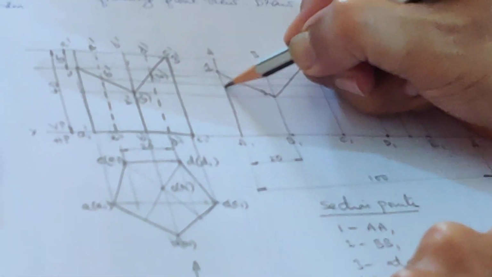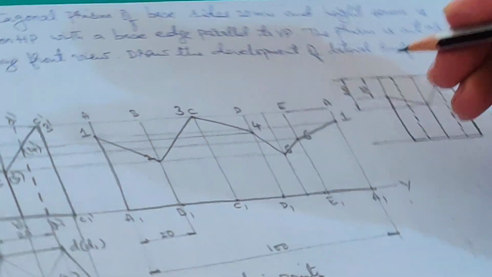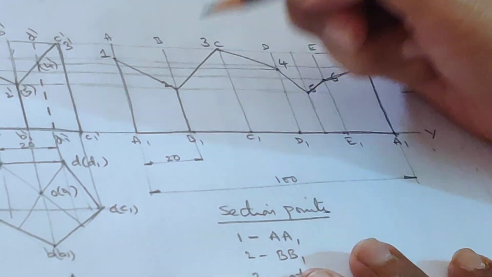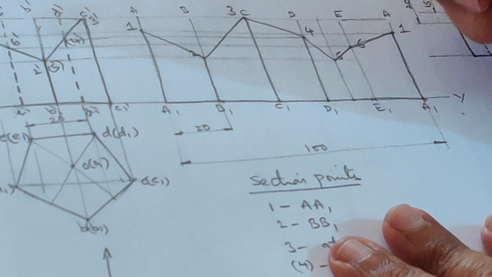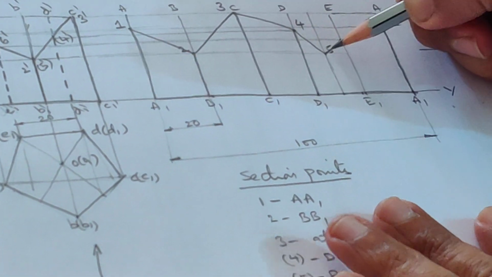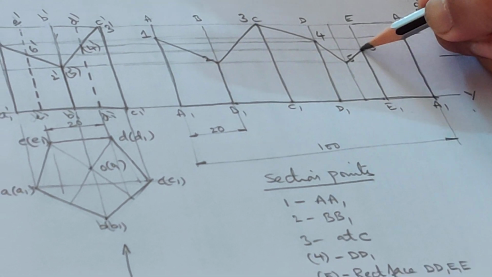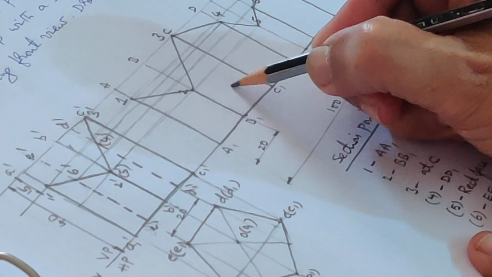Now the bottom portion, the boundary should be made dark, and the lines along the longer edges, BB1, CC1, DD1. This line need not be made dark because you are not going to fold the sheet there. That line is drawn only to locate 5 and this. That's it. This is the development.